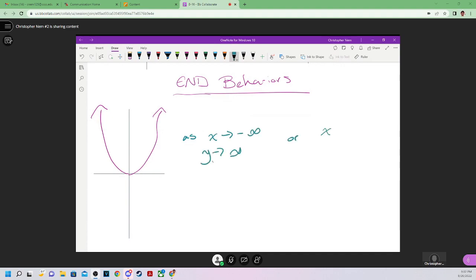That's for one side. If I look to the left, my y value goes all the way up. Similarly, if I go all the way to the right, as x approaches positive infinity, then the y will also approach infinity. So you notice they're both going up.